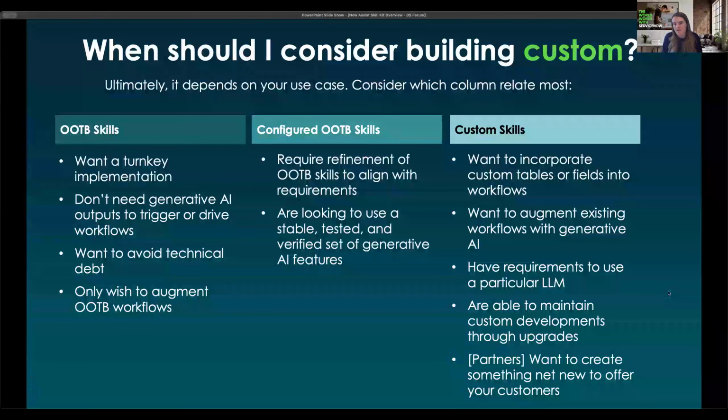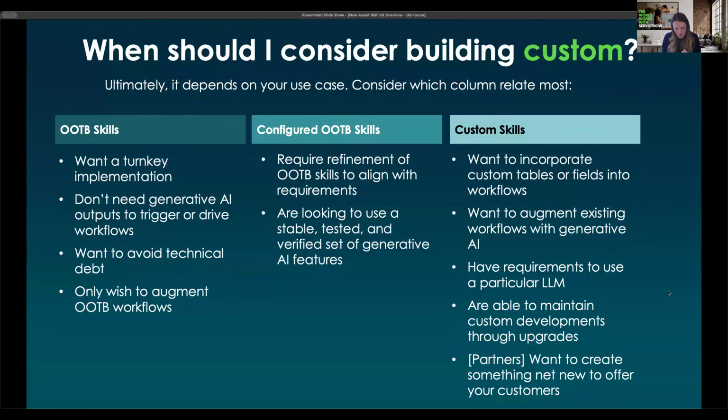Some out-of-the-box skills, such as summarization use cases, or I believe resolution note generation as well, allow you to go in and configure them slightly. This is where you go into the admin console, and in the summarization example, you might change what input data you bring in from the incident form that you want to have summarized.